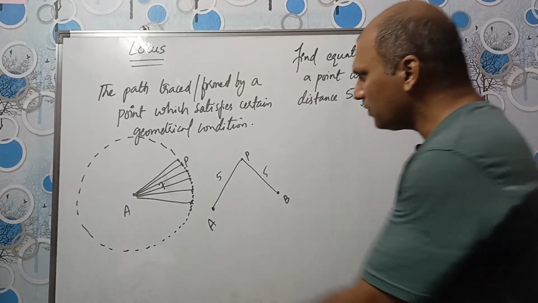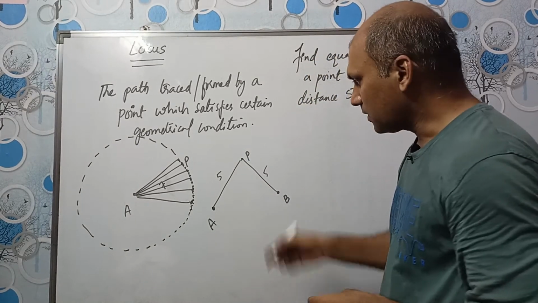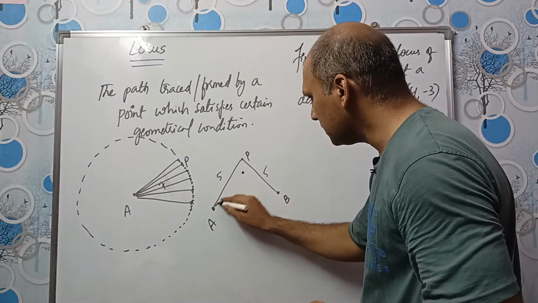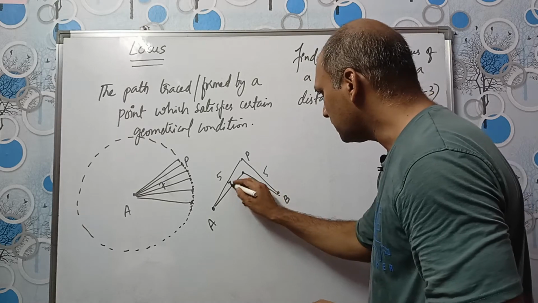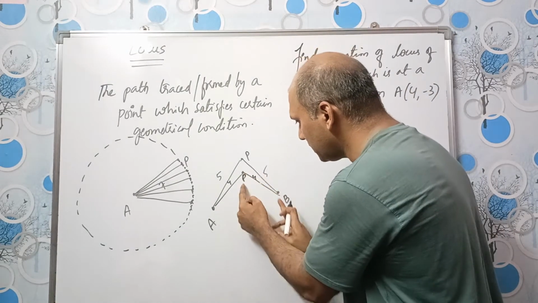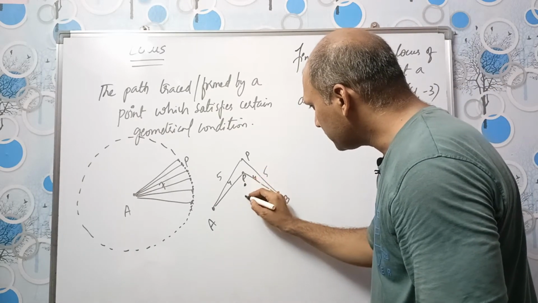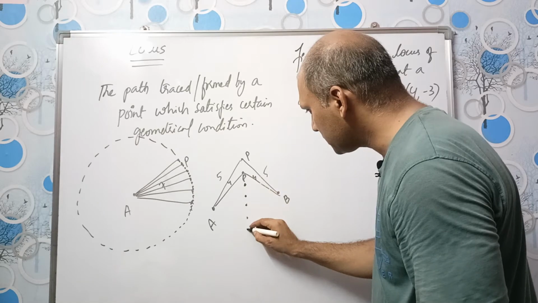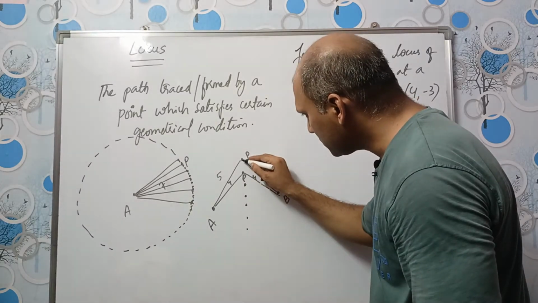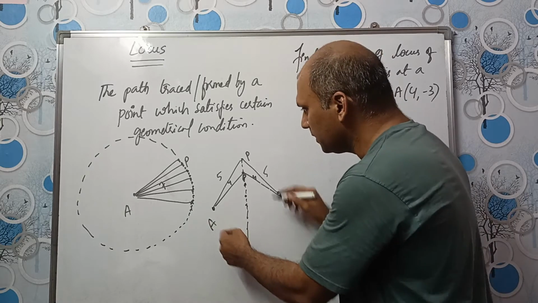Do you think we'll have only one point which satisfies that geometrical condition? No, we might have this also. Let us say this is 4 units, 4 units. This point is equal distance from here and here, right? Like this we can have this point, this point, this point, like this. So all these points will be equal distance from A and B.